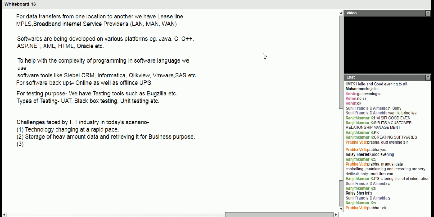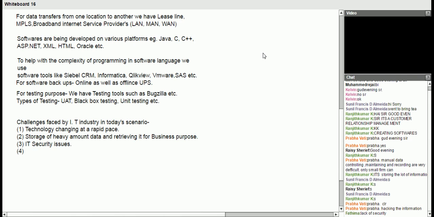Then storage of a heavy amount of data and retrieving it for business purposes. Then security issues. Then IT employees changing jobs very frequently.